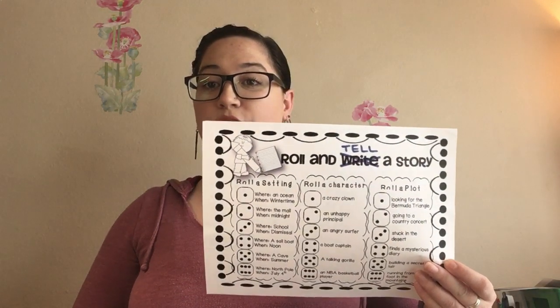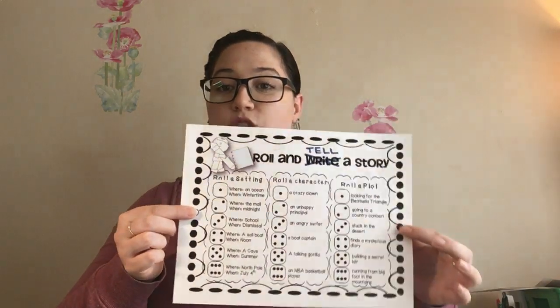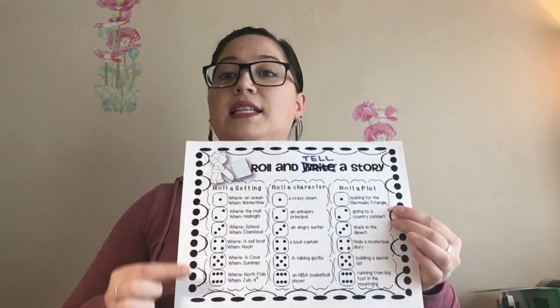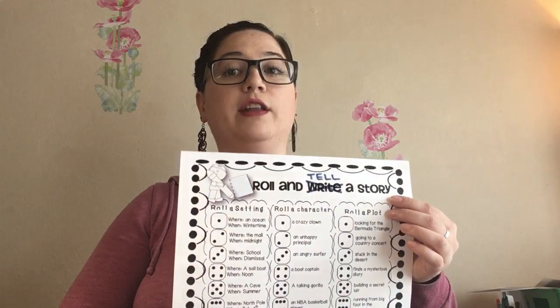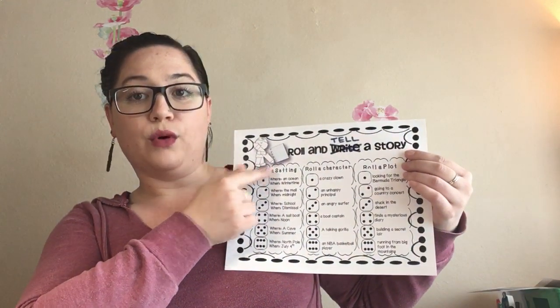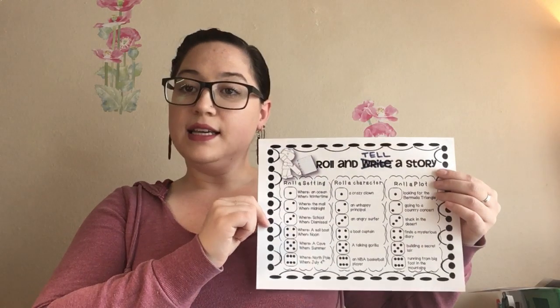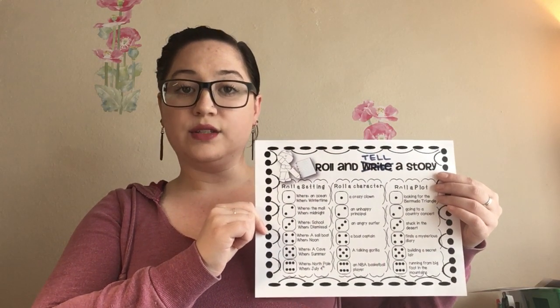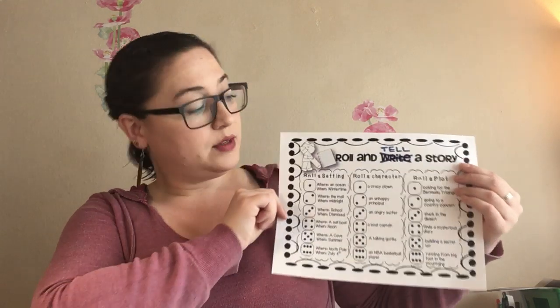So the way that this works, all you need in order to do your roll and tell a story is a die and your roll and tell a story sheet. Each one of these things is a different element in what we call narrative structure. So here we have roll a setting. A setting is the time and place where a story happens.